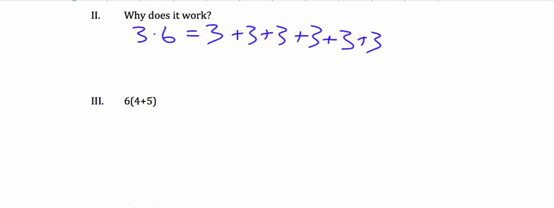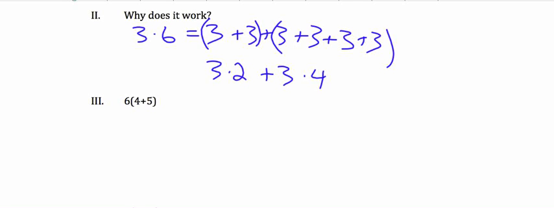We could do that, okay? Then what we could do is we could almost just kind of group these individual threes together, and we could say that, okay, this is 3 times 2, and this is 3 times 4.